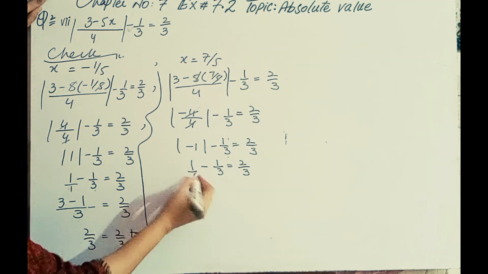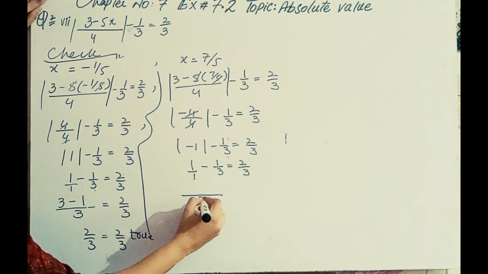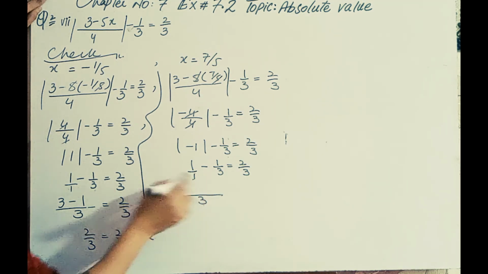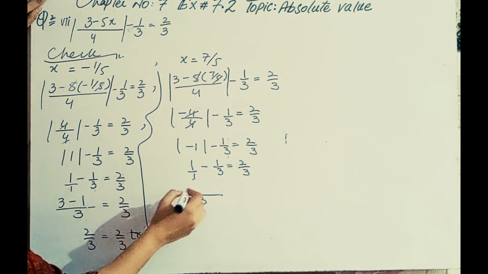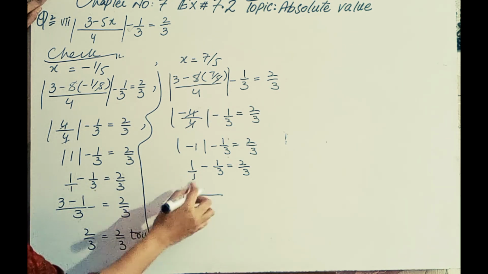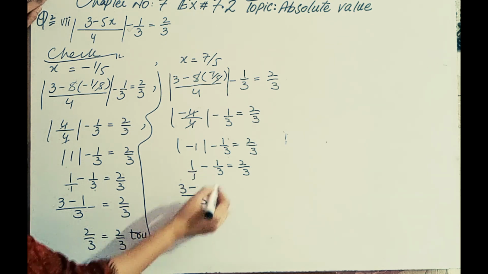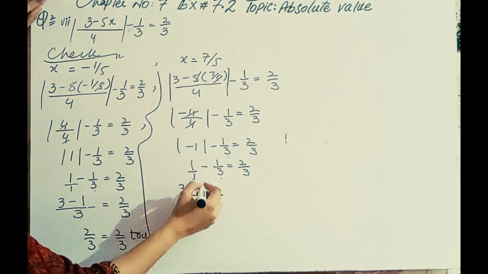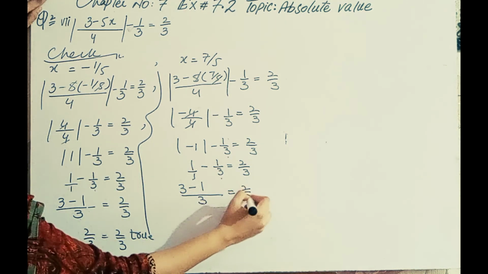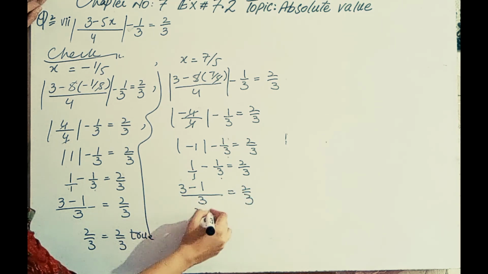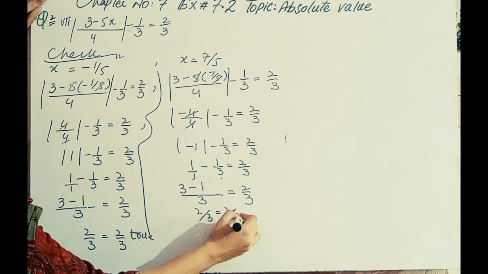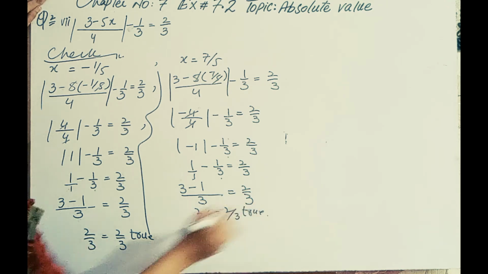The denominator of this is nothing, so in the same way, what will be the LCM of 1 and 3? 3. 3 divided by 1 is 3, multiplied by 1 is 3, minus 3 divided by 3 is 1, 1 multiplied by 1 is 1, equals 2/3. 3 minus 1 is 2/3 equals 2/3. This is also true.